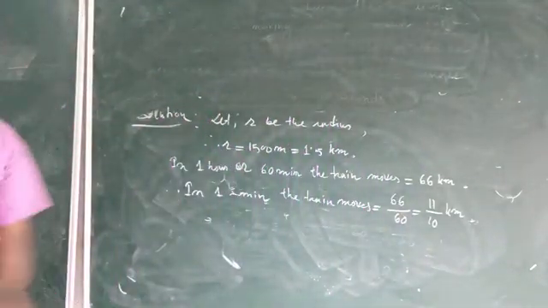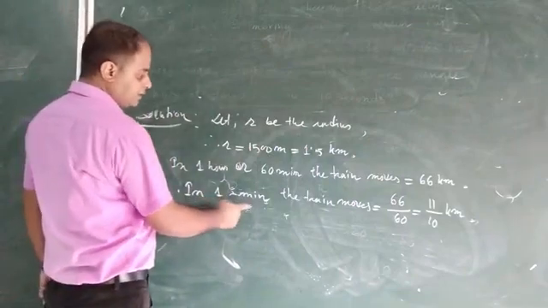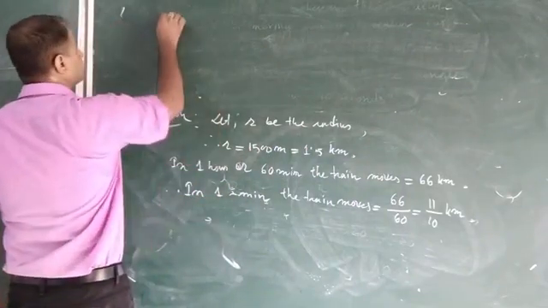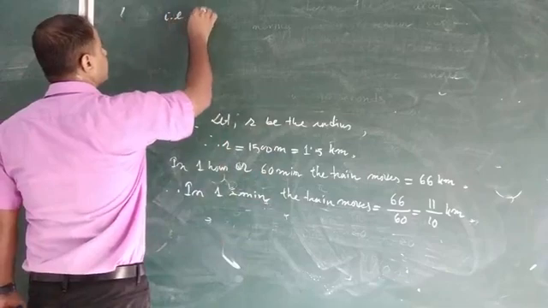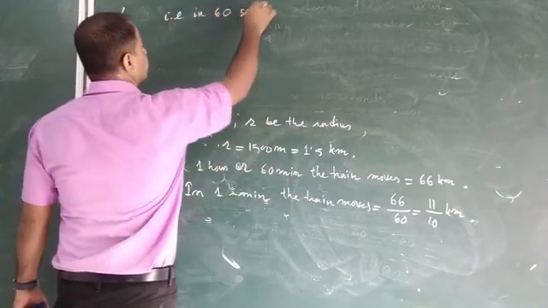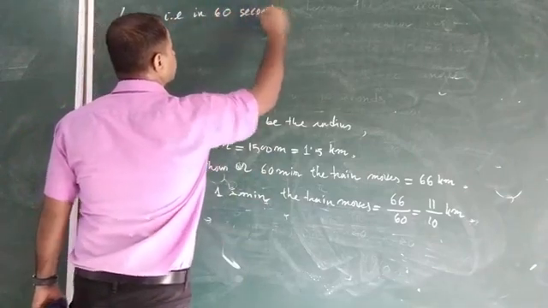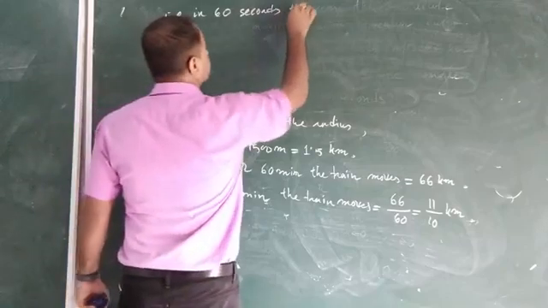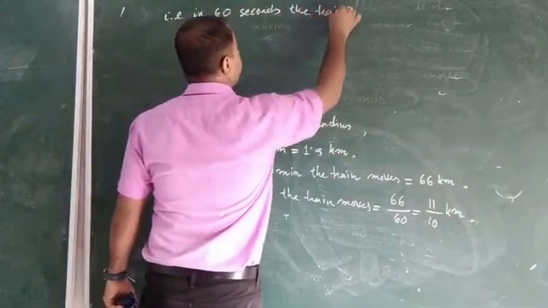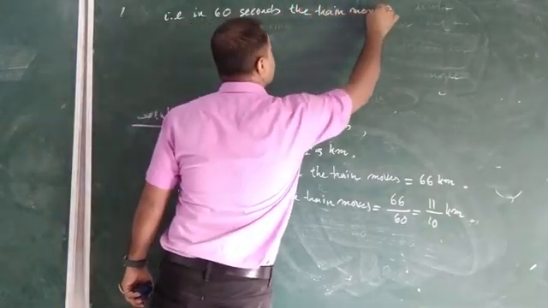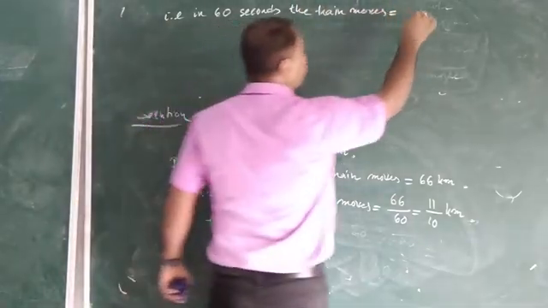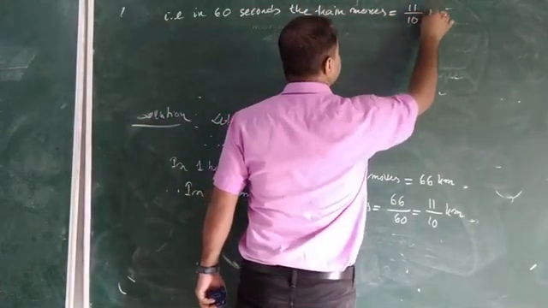One minute means 60 seconds, so in 60 seconds the train moves 11 by 10 kilometer.